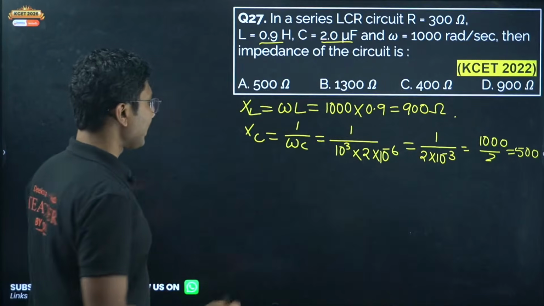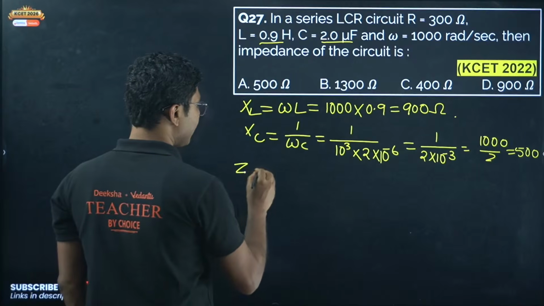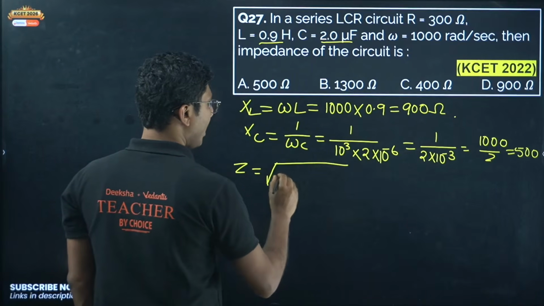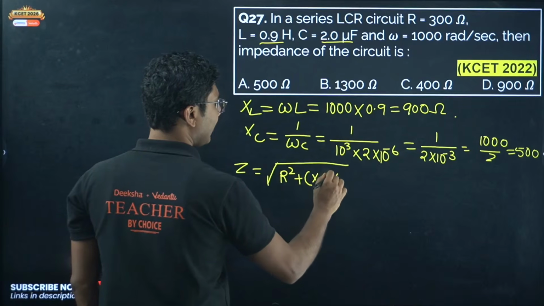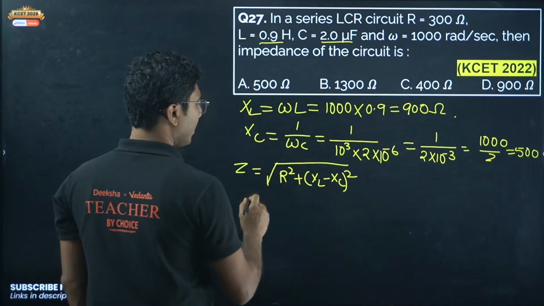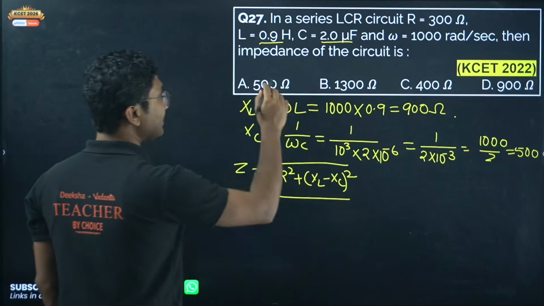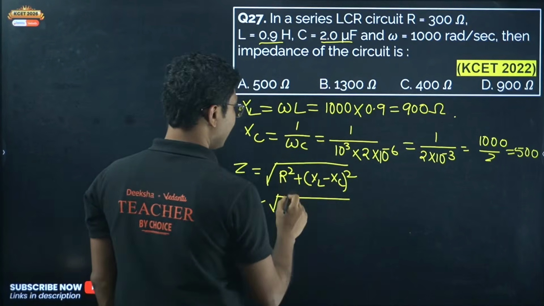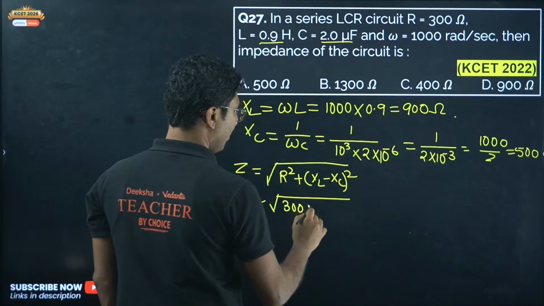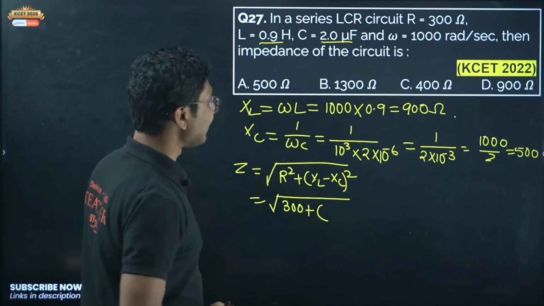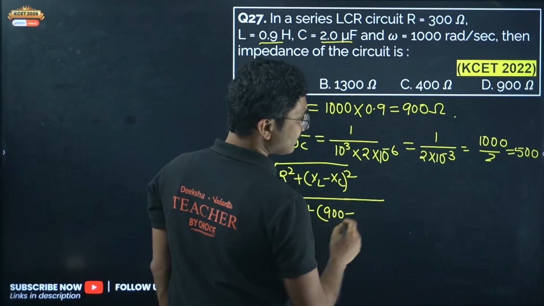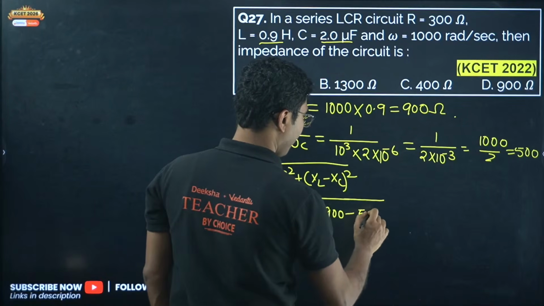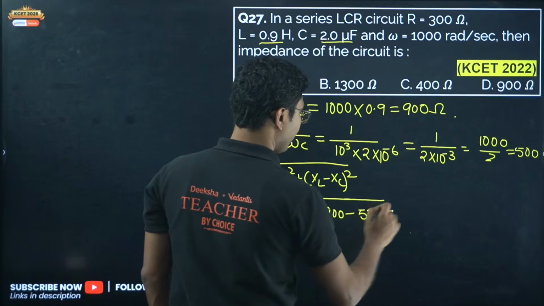Okay, so what is the impedance? Impedance is given by square root of R square plus XL minus XC whole square. So R square, what is R? R is 300, plus XL is 900 and XC is 500, whole square.